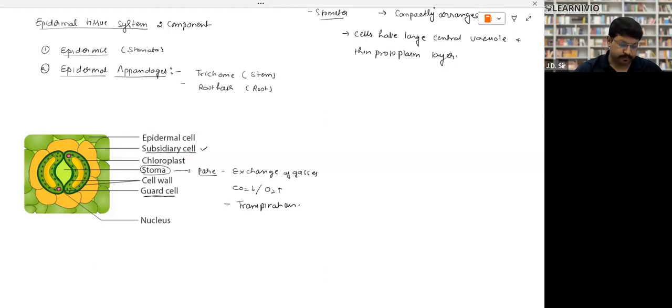So what is next? Please write down a few points for the stomata. The epidermis usually bears a number of minute pores called stomata.